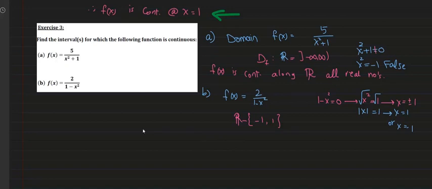So here we will say that f of x is continuous at x not equal to negative 1 or x not equal to 1. This statement means that x elsewhere is continuous. So if x is not negative 1 nor 1, f of x is continuous. You don't have to say anything more.